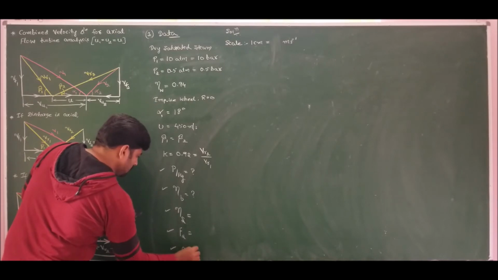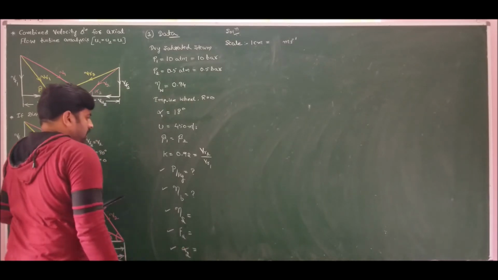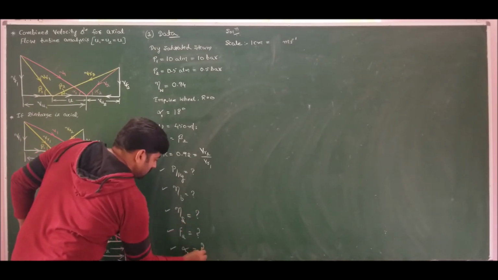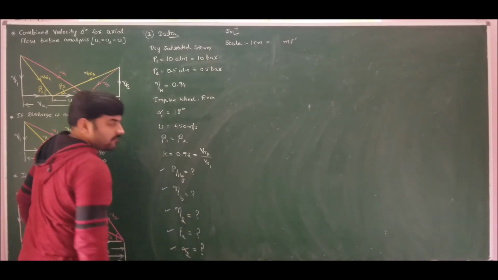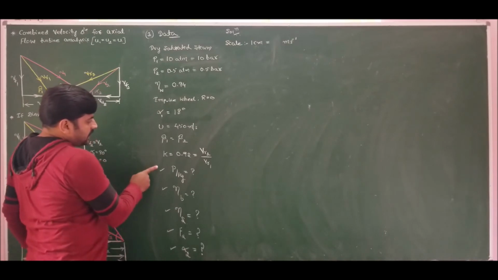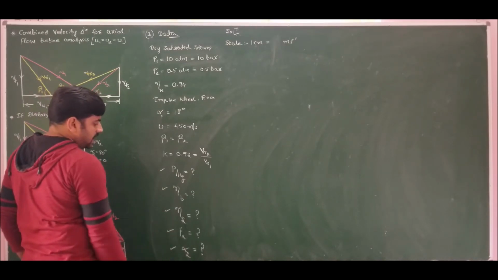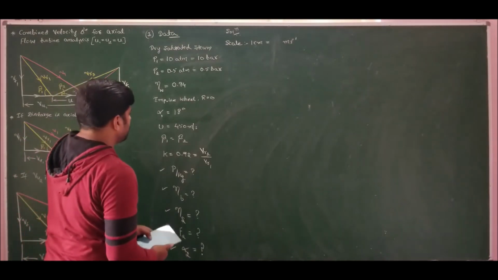Direction is nothing but the angle made by the respective velocity. So the exit velocity of steam is V2, and the angle made by V2 is alpha 2. So he has asked to calculate specific power output, blade efficiency, stage efficiency, axial thrust and direction of exit steam.